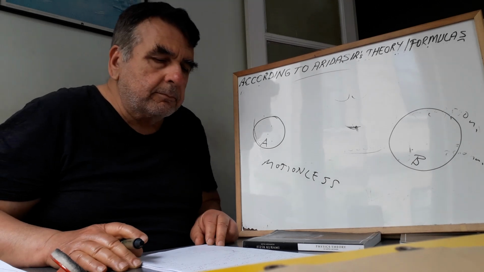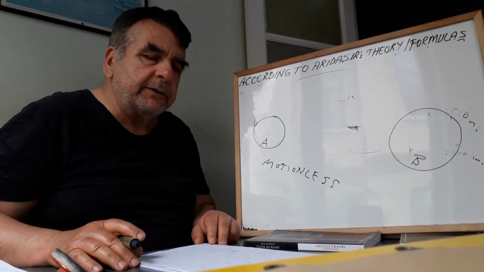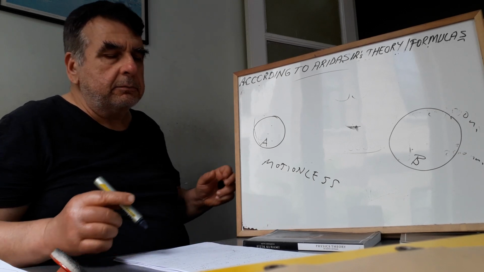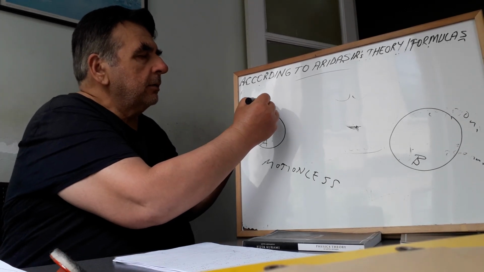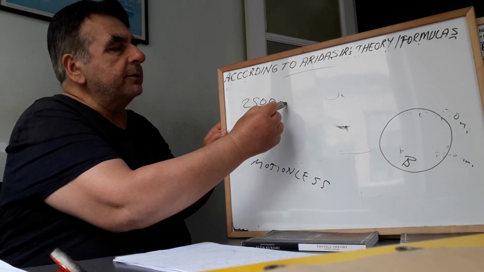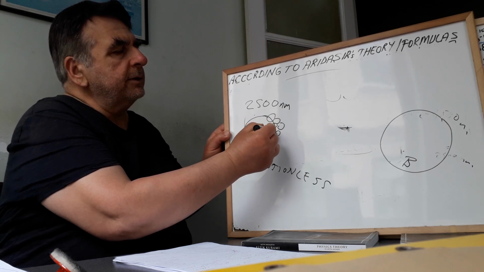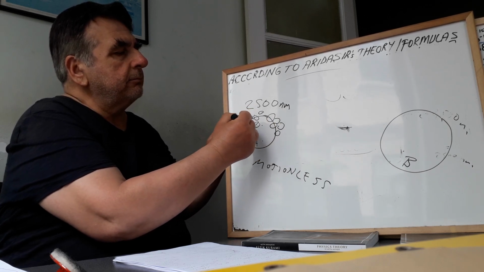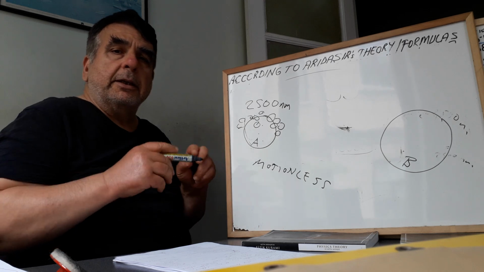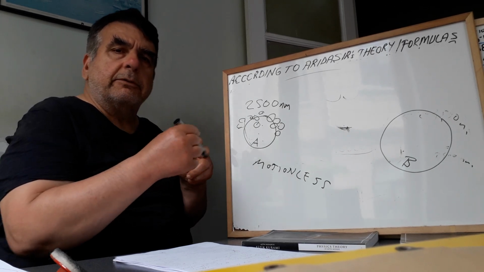Here, say one group wavelength size is 2500 nanometer. Countless free electron motion forms here, and they are in motion at a certain velocity.